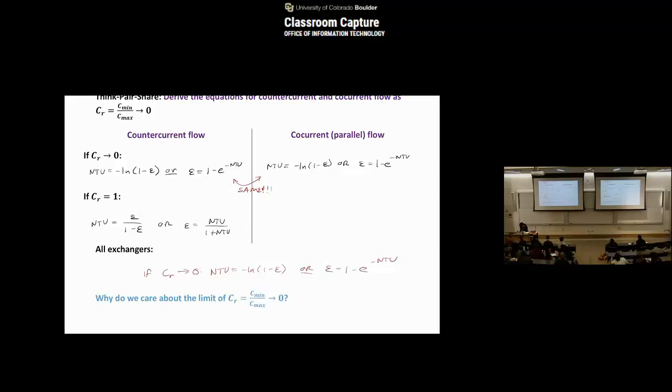And for the case of parallel flow, we have NTU is equal to the negative natural log of 1 minus 2 epsilon, over 2, or epsilon is equal to 1 minus e to the negative 2 NTU, over 2. I'll leave you guys like 15 seconds to write that down.